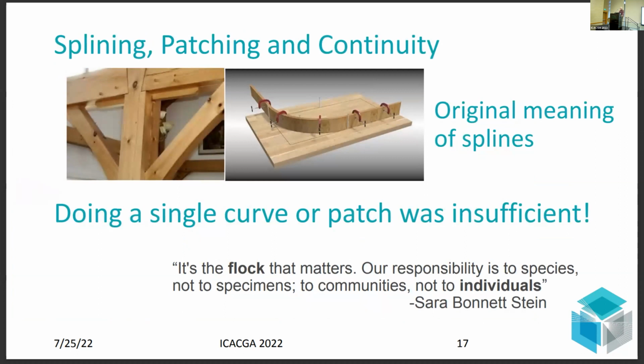So splining, the original meaning of the splines was these wooden pegs that you put between the joints. It's still a meaning. If you're a woodworker and you connect two pieces of wood with that thin spline, that's what a spline is. The car makers like to use that spline because it was bendable to actually design the profiles of the cars. So we kind of corrupted the use of that word.